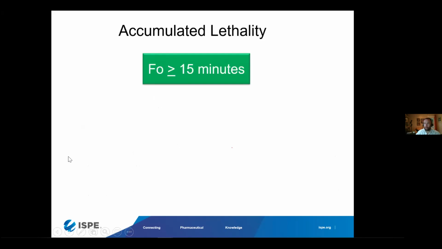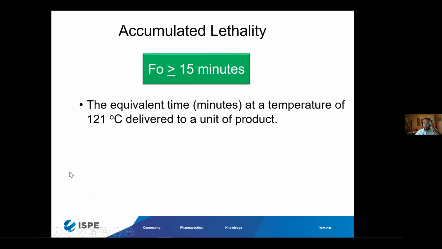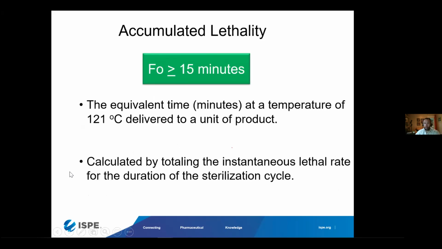including the accumulated lethality, that is demonstration of an F0 greater than 15 minutes. This is calculated using thermocouples throughout the cycle. So it could be that your cycle is 30 minutes at 123 degrees as your autoclave set points.